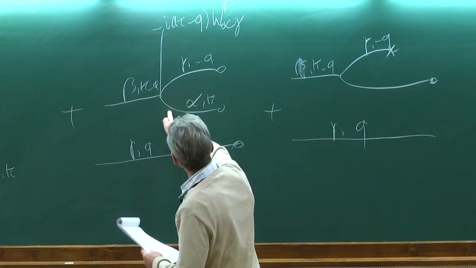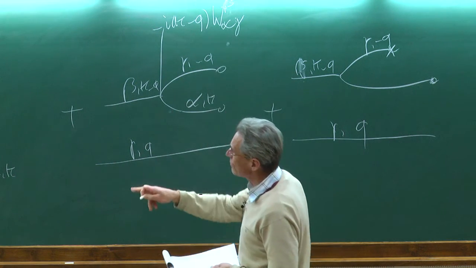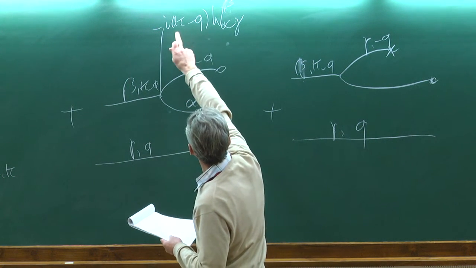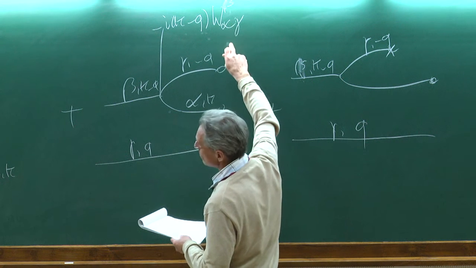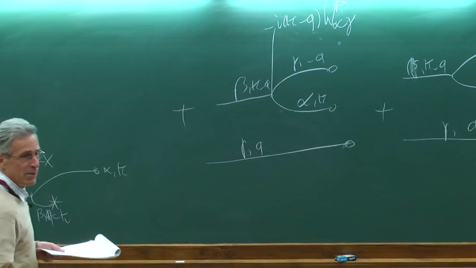And now you see that for this to work, these W's have to be equal to each other. And then I can just add up this i (k minus q) W beta, and here this has weight minus i q W gamma alpha beta, and I want to get minus i k W alpha beta gamma.